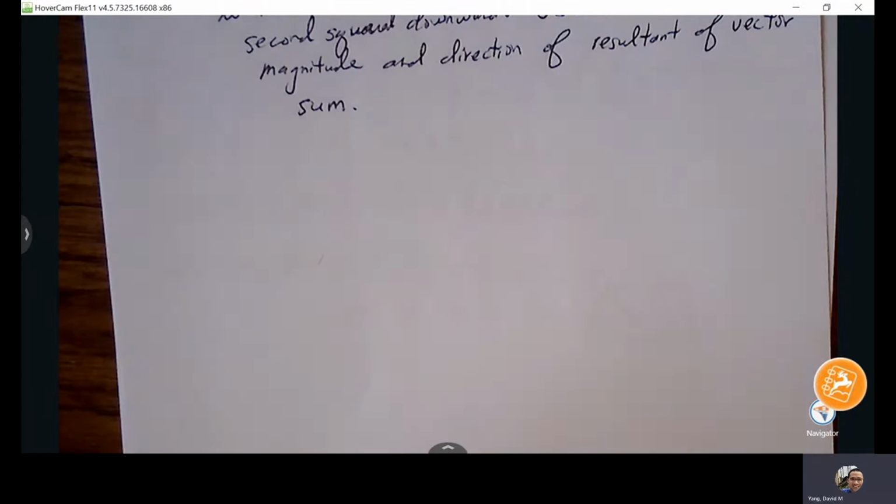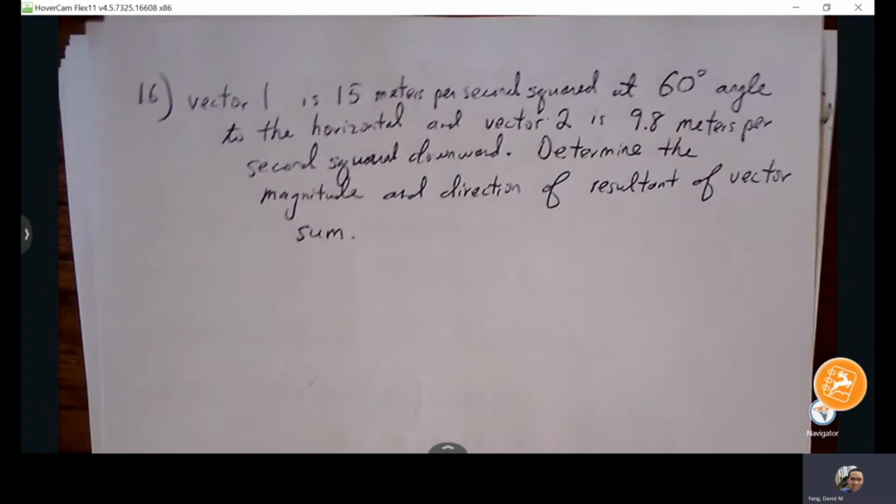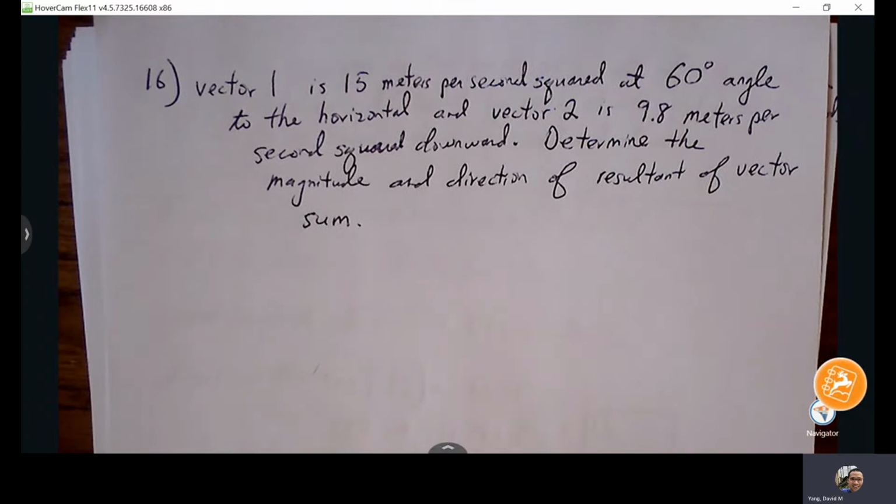Okay, here's 16. Similar process. Break your two vectors into component form, add them together, and then do your magnitude and then direction.